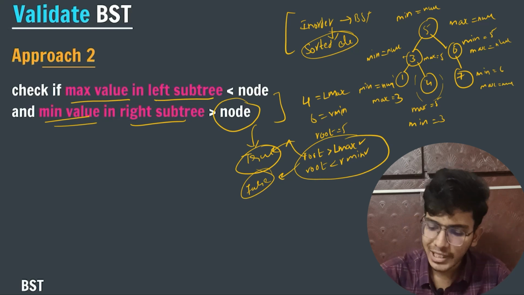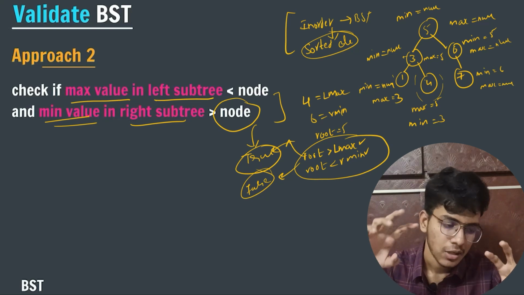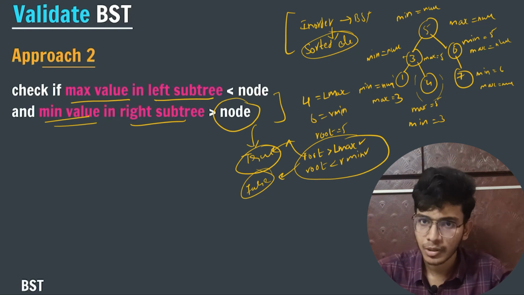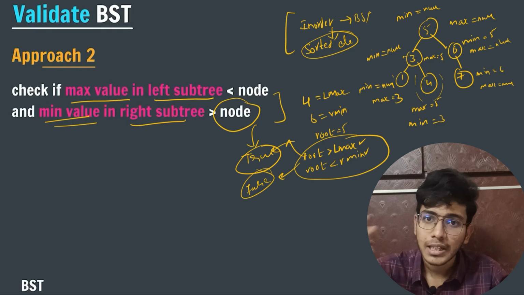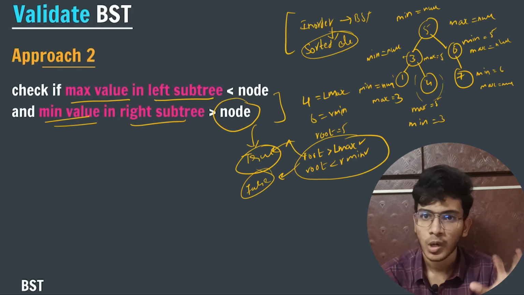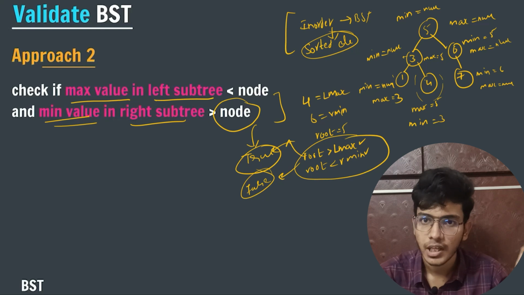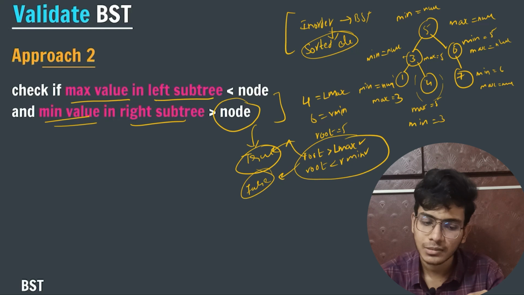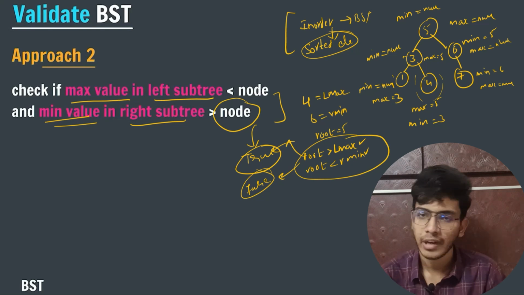So what I'm doing is basically, for each and every node, I'm creating two variables, minimum and maximum, and I'm checking what the boundary conditions are for this particular node, the minimum and maximum conditions. After taking the minimum and maximum into consideration, I'm checking its node value.